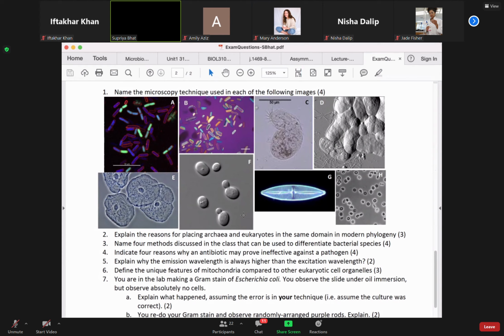Name 4 methods discussed in the class that can be used to differentiate bacterial species. I didn't have a separate section in my lectures where I said, this is how you differentiate bacterial species. I was expecting you to gather what you learned from all the lectures and come up with answers.